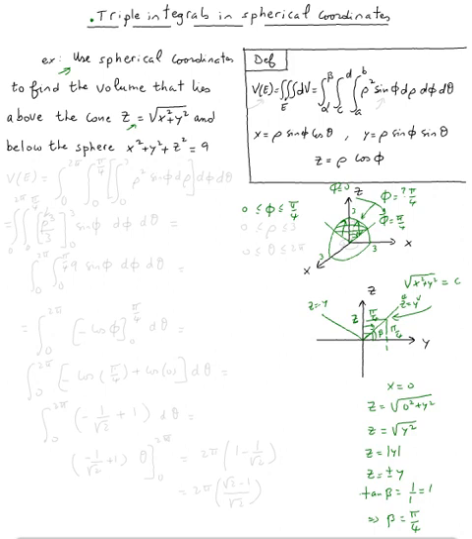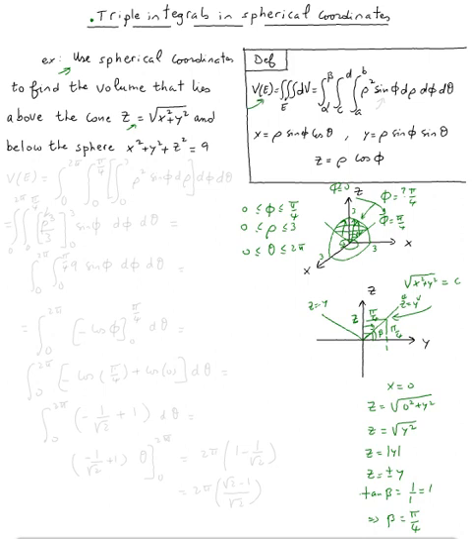I know my radius has to go from here to here. So rho is going to go from 0 to the sphere, which is 3. And I know my theta has to do the whole revolution, so theta is going to go from 0 to 2 pi.